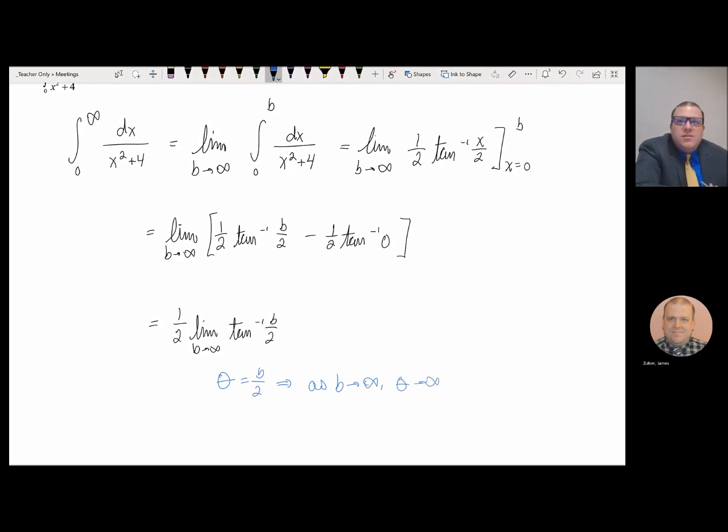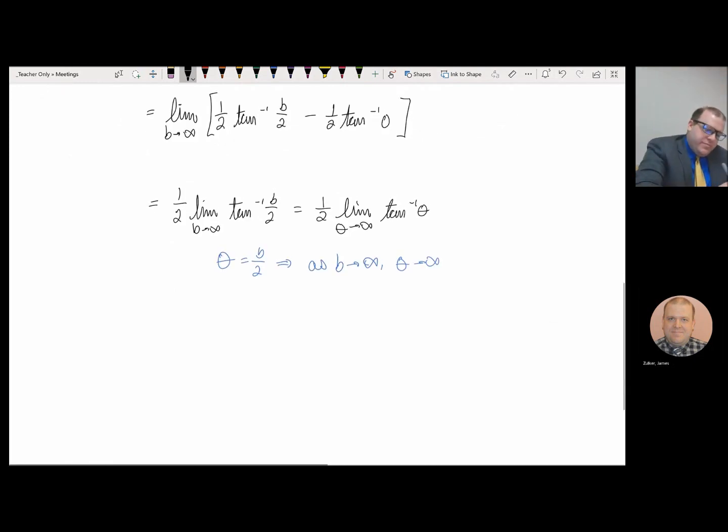Theta also goes to infinity. Right, using that substitution, you can write the limit this way. It may make it a little bit easier to see what's happening. What is the limit of the inverse tangent of theta as theta approaches positive infinity?